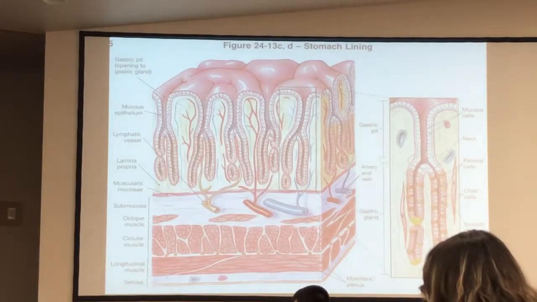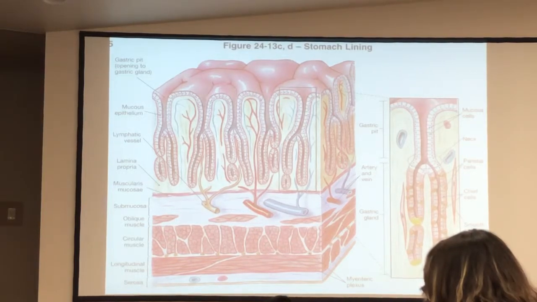In the stomach, they don't have surface villi. On the surface, it's flat, and it goes deep. We call this a gastric pit. Gastric means stomach, and all the important epithelial cells are located deep inside here.